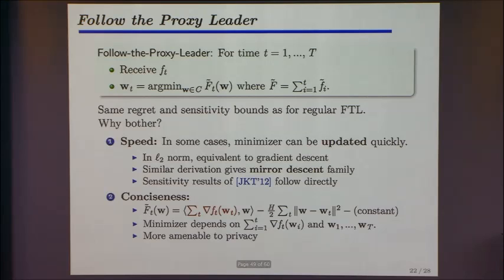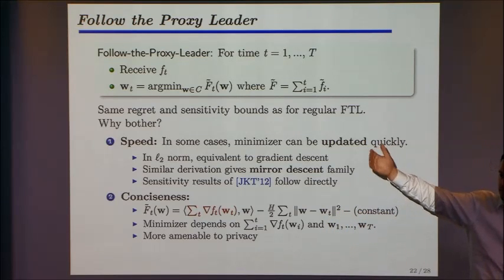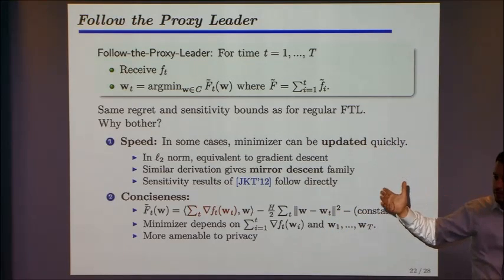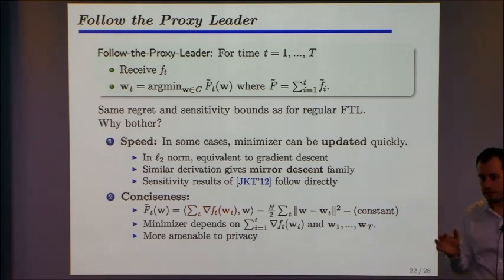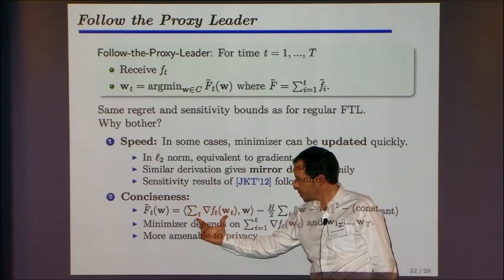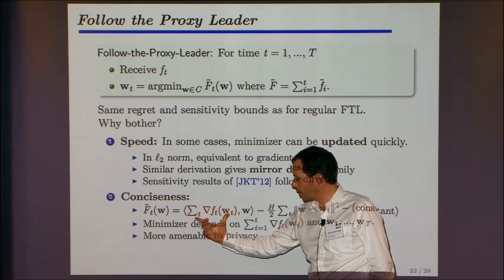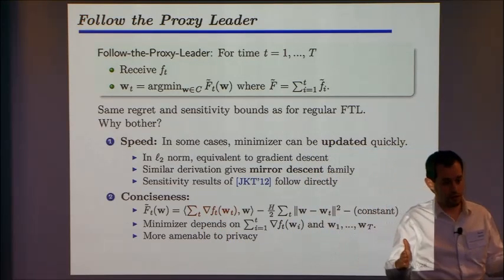But actually, the real reason I want to use this algorithm is that the decisions I make at some later time depend on a very concise summary of what I've seen so far. They depend only on the sum of the gradients. The only place the data comes into the function that I'm minimizing at each time step is via the sum of the gradients that I've observed so far.